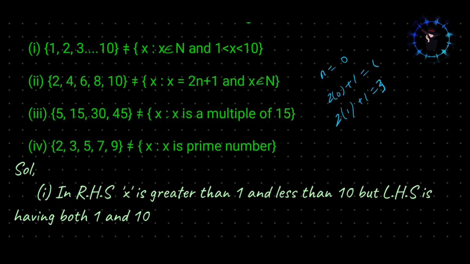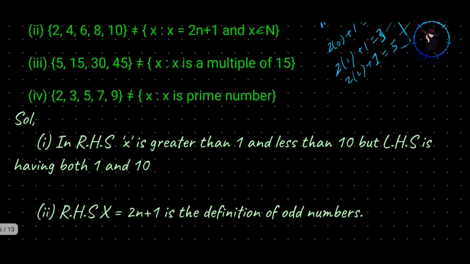If n equals to 2, 2 into 2 is 4 plus 1, 5. So it is the formula for the odd numbers 1, 3 and 5. But what we have is even numbers here, 2, 4, 6, 8, 10. So that is why this is not equal. That is what it is saying. 2n plus 1 is the definition of odd numbers as I have explained.